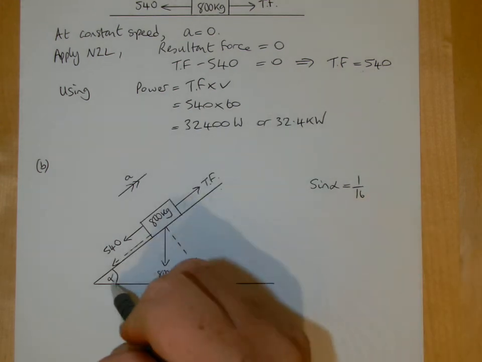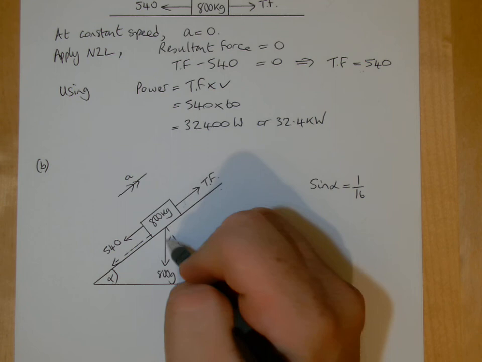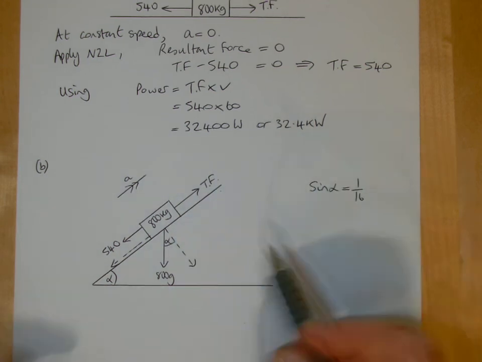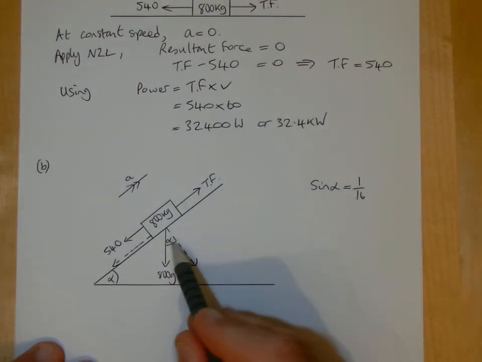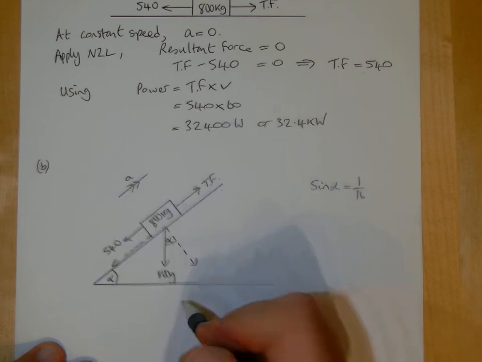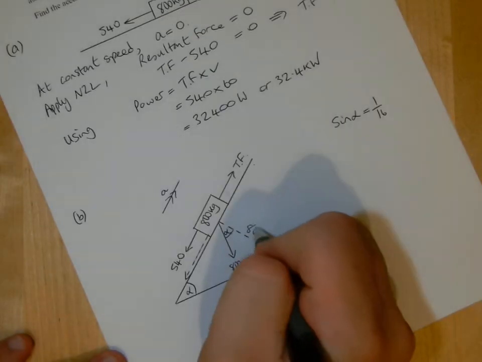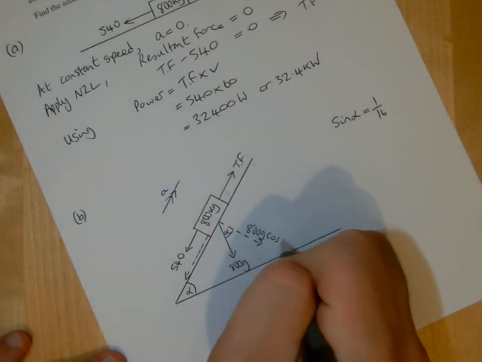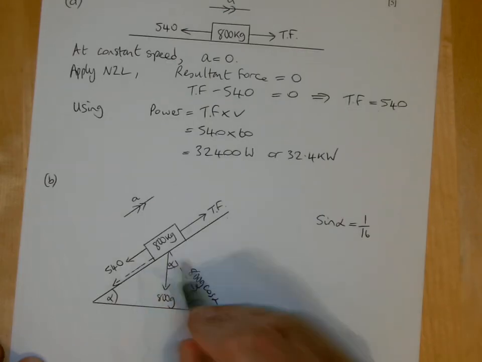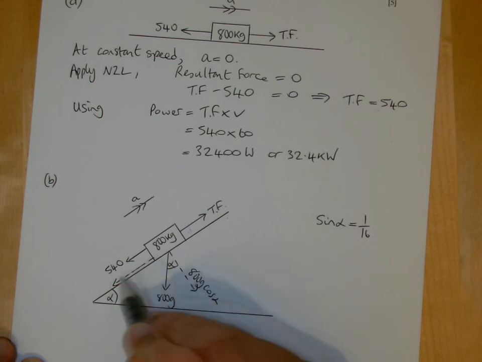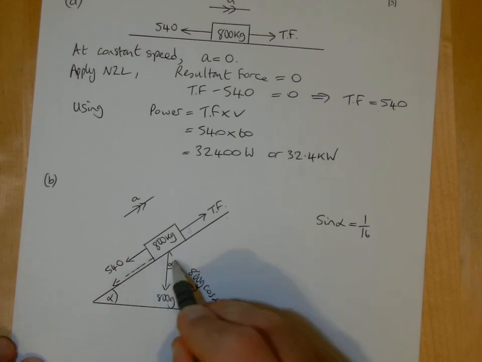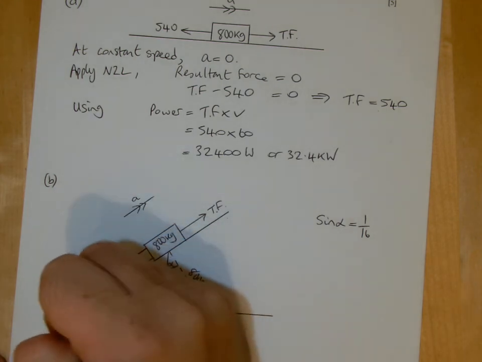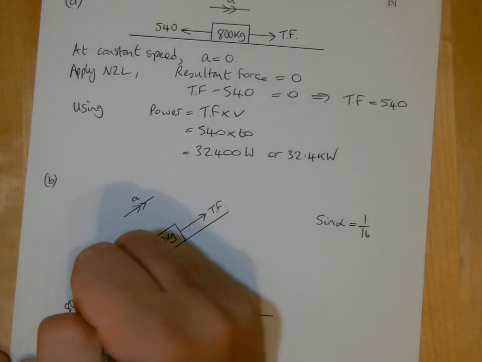If we've got angle alpha there, this will also be angle alpha here, and then you can resolve. With the angle here, containing the angle is cos, so we're going to have 800g cos alpha here, and then the opposite of the angle will be this side there, which is parallel to the plane, so that'll be 800g sine alpha.